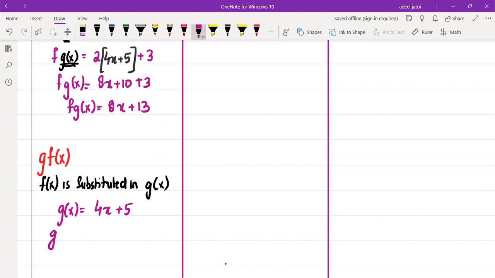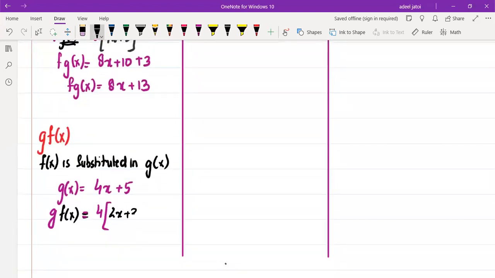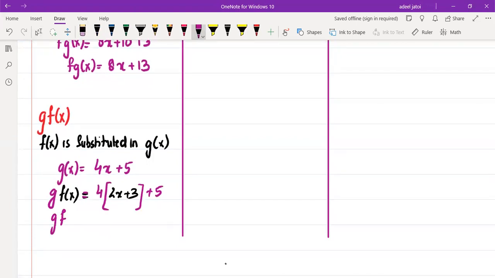If we write down g and f(x) in place of x, in place of x we can write down 2x plus 3. And plus 5 will be there as it is in the function of g(x). So g(f(x)) will be what? 8x, 4 threes are 12, plus 5. So g(f(x)) becomes 8x plus 17.